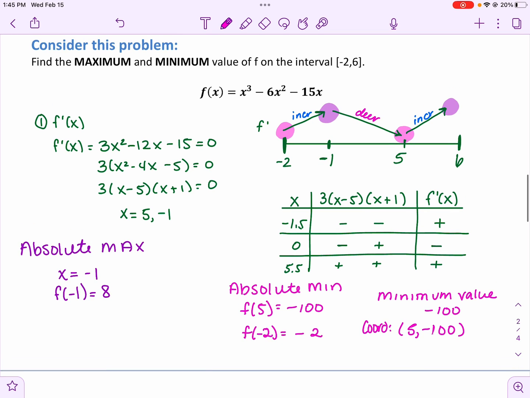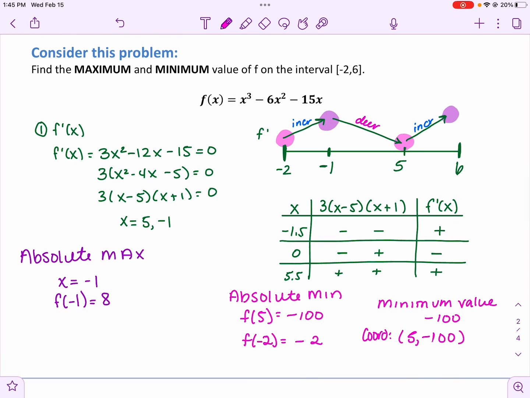But the whole idea about the EVT is the fact that we are still looking for maximums and mins, but we are looking for absolute maximums and absolute minimums, and particularly on an interval, which means that we need to check the endpoints of the interval to make sure that they are not higher or lower than the other points on the function.